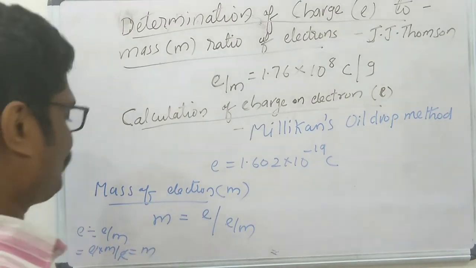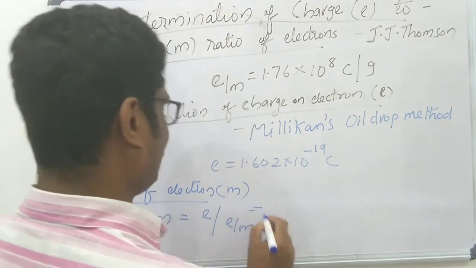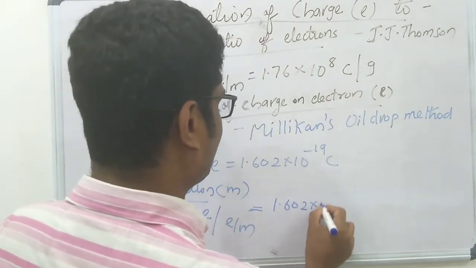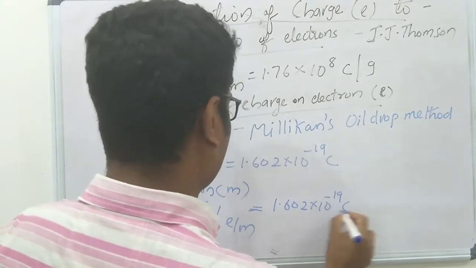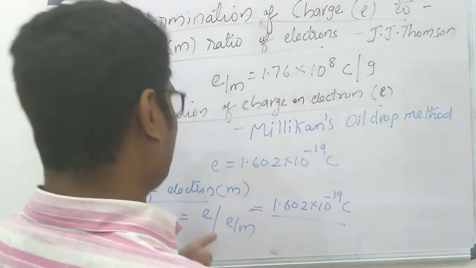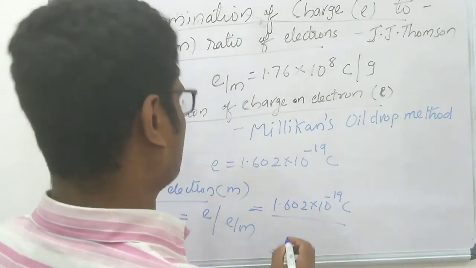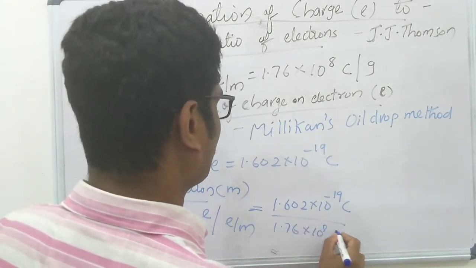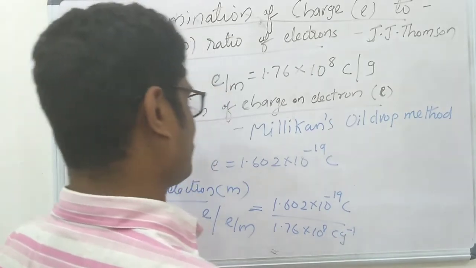You will get m. The value of charge on electron e is 1.602 × 10^-19 coulomb, and the e/m of electron is 1.76 × 10^8 coulomb per gram.